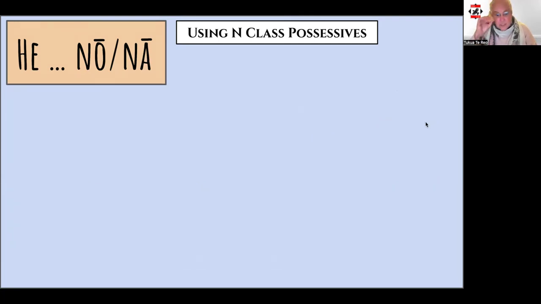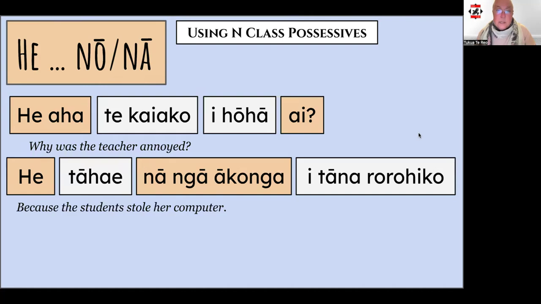In the last couple of examples, we've used the O category N-class possessives because the pūtake have been tuahua, or describing words. If the pūtake are related to a mahi, we would need to use the A category N-class possessives instead. Here's an example to show you what I mean. He aha te kaiako I hoha ai. Why was the teacher annoyed?